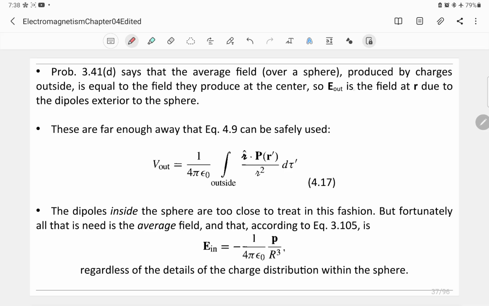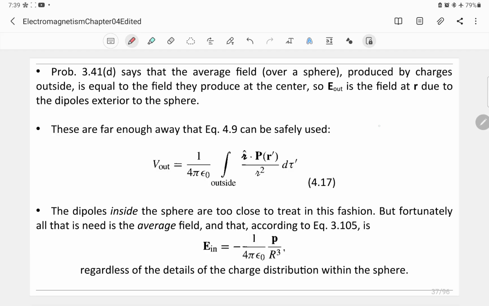So the E out part is just the field at R due to the dipoles exterior to the sphere. So it is safe to use this formula for potential outside.